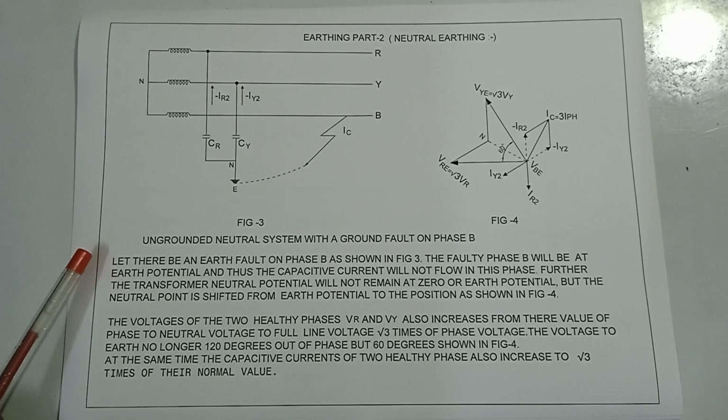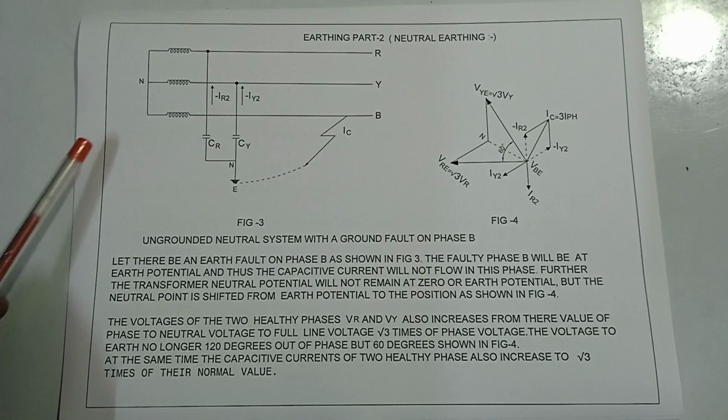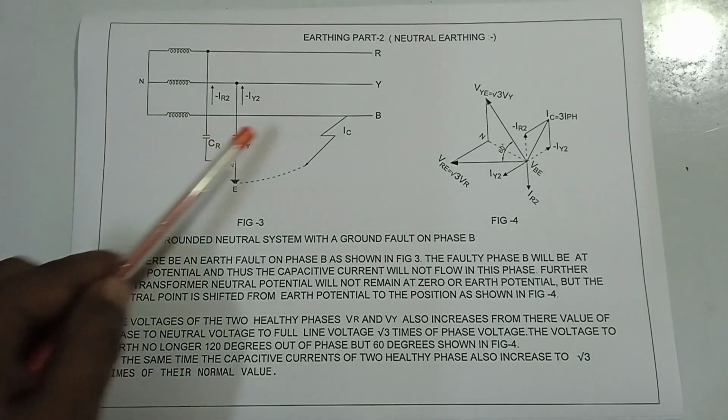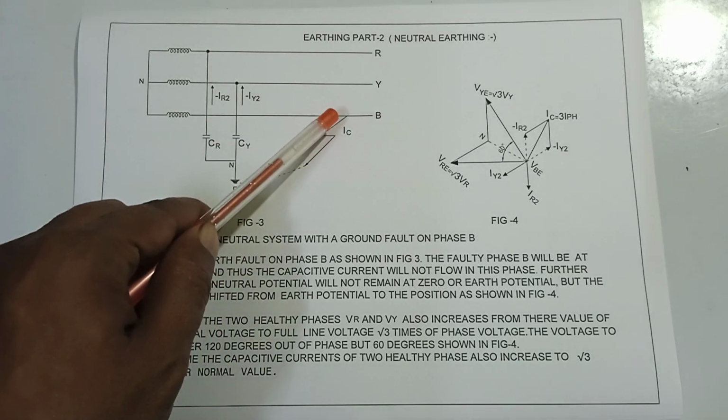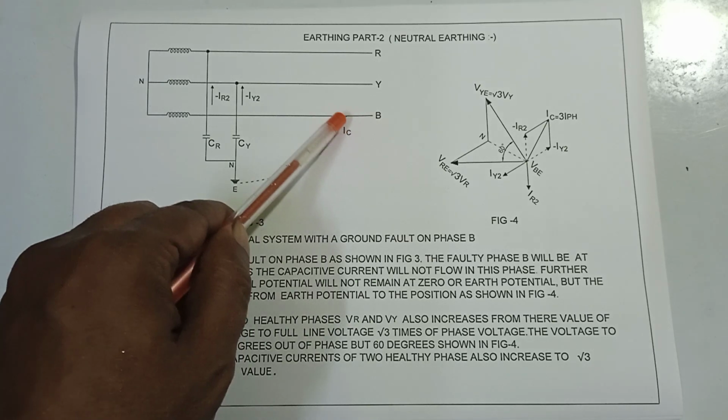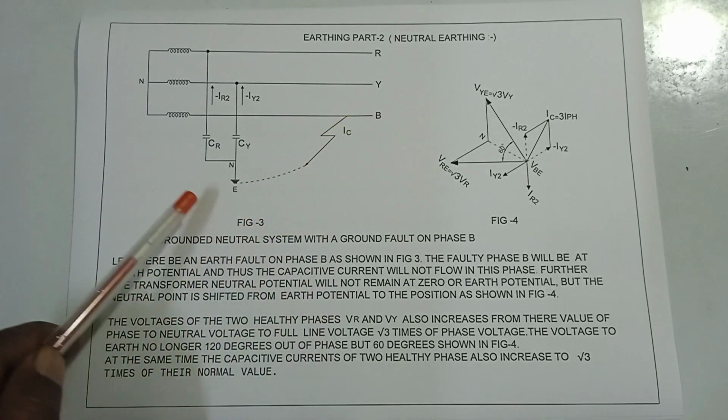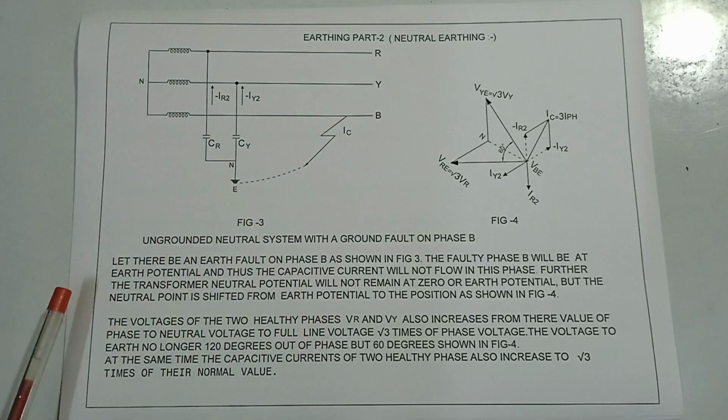Ungrounded neutral system with a ground fault on phase B. Here it is phase B, and here is the ground fault at this point. Let there be an earth fault on phase B as shown in figure 3.